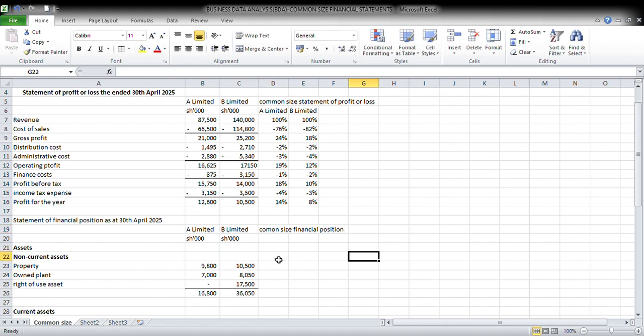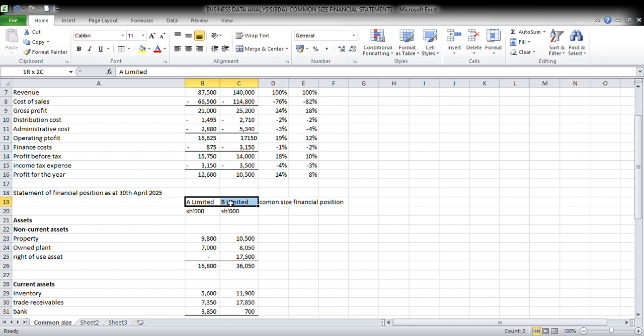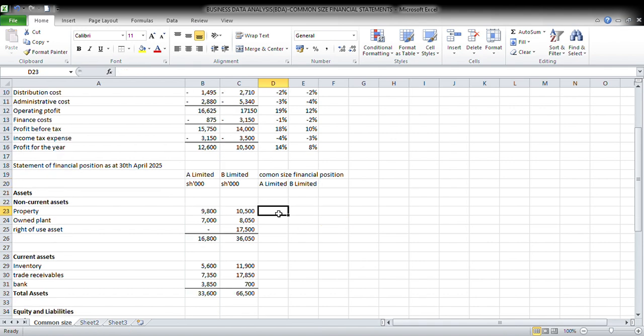You can put them here, that's for both company A and B. Then you can express this one equals to this. So each item for the balance sheet we express over the total asset, and then we can lock that cell.